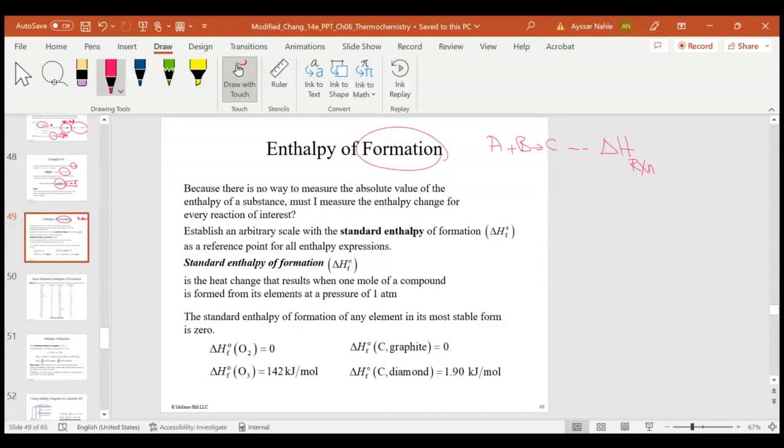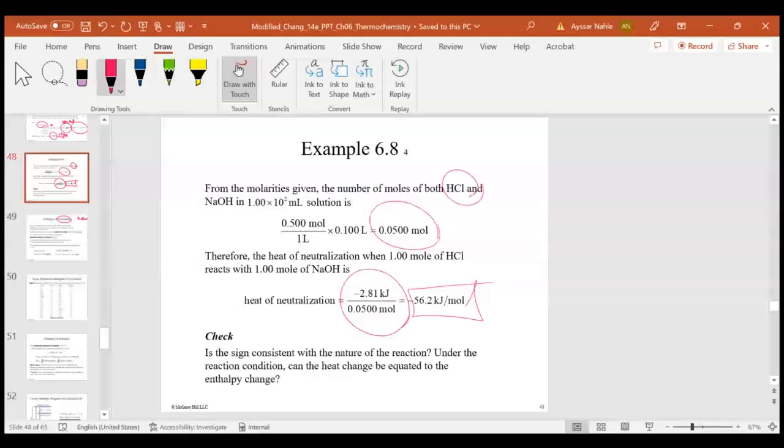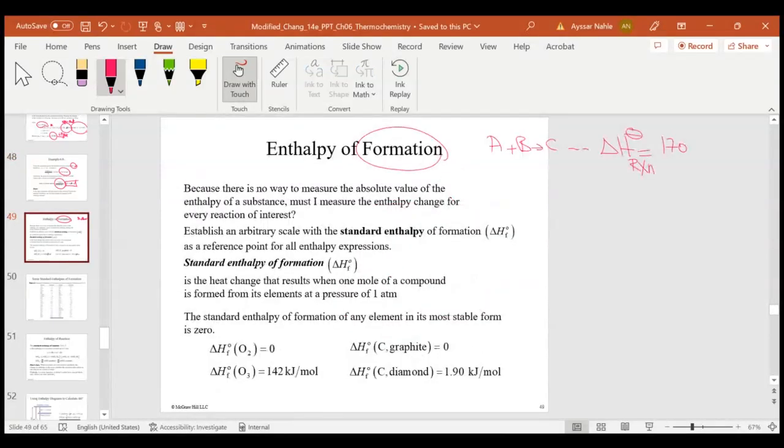We write it delta H of reaction. But also I can put a naught in here, I mean a zero. And this naught means a lot in there. So delta H in here will be equal, for example, to 170 kilojoule. You see the unit in here?